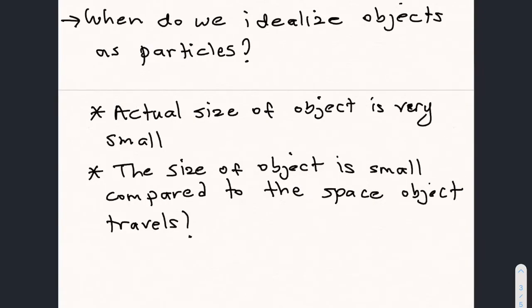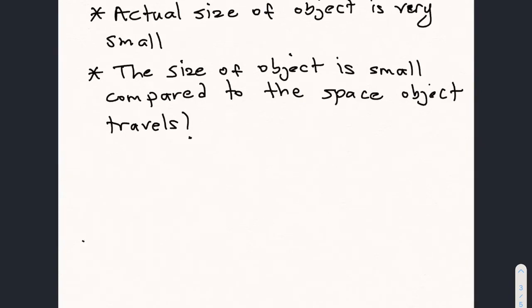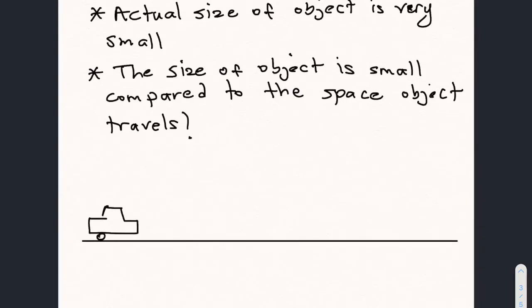Think about a car which travels from Bursa to Ankara. Let's draw a car which starts at Bursa and it travels to Ankara, and the distance between these two locations is about, let's say, 400 kilometers.